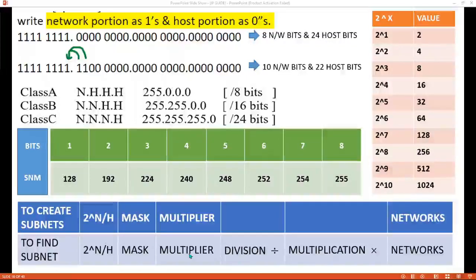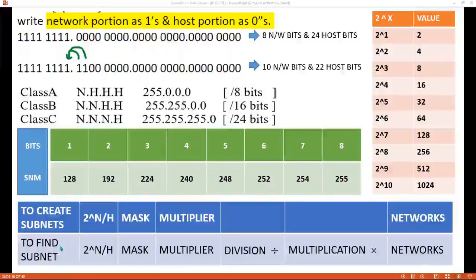So here we just find the multiplier. We will take the IP address and divide that particular IP address digit by the multiplier. After dividing by the multiplier, you can simply multiply the answer as a whole number without decimal values. Then after multiplication the answer will give you the network address of that particular IP address.